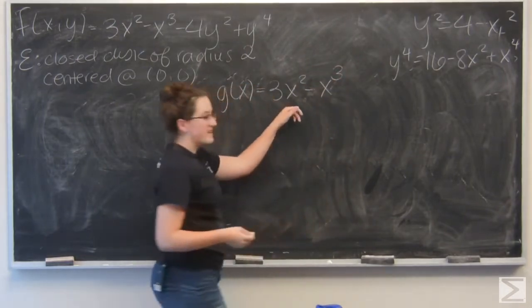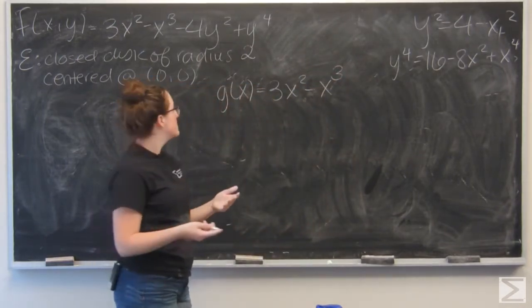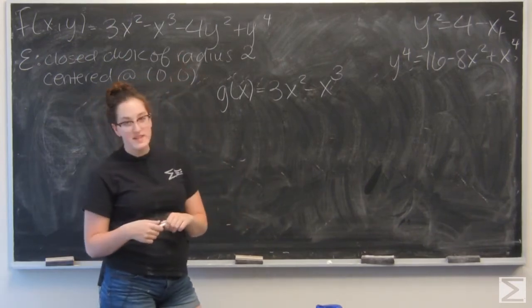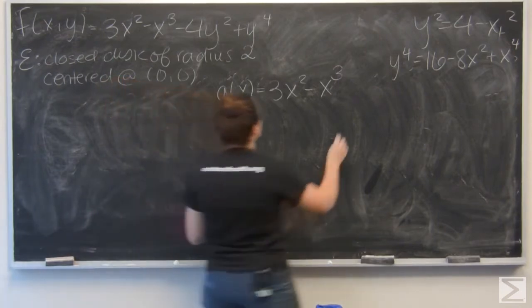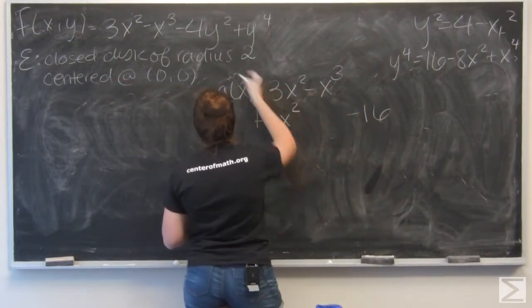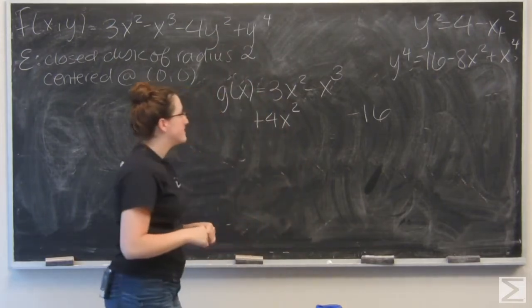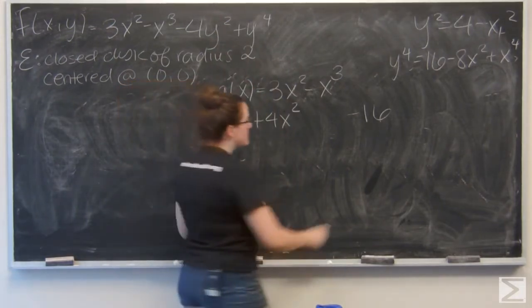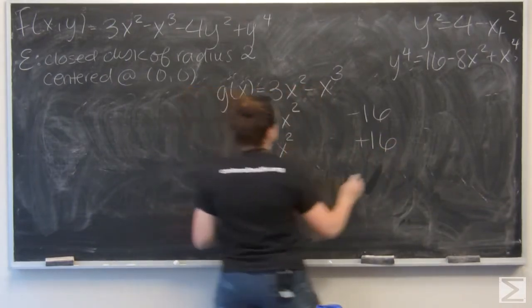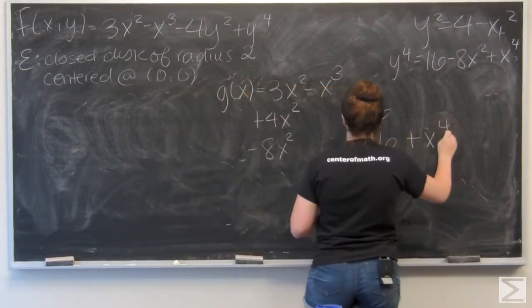The original terms in x from f of x, y just stay in there. And then I want to subtract 4y squared. So minus 16 plus 4x squared. And then I want to add y to the fourth. So plus 16 minus 8x squared plus x to the fourth.